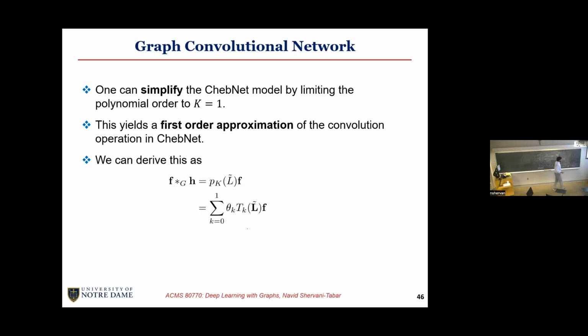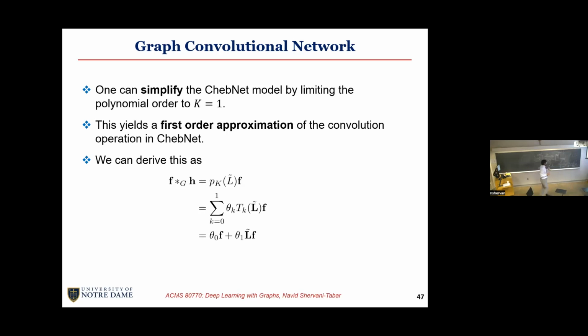We can write this as p_k of L tilde. We can expand this, and then this whole term is multiplied by f. Okay, so we said that we want to only have a first order approximation, so our k is going to be equal to 1.